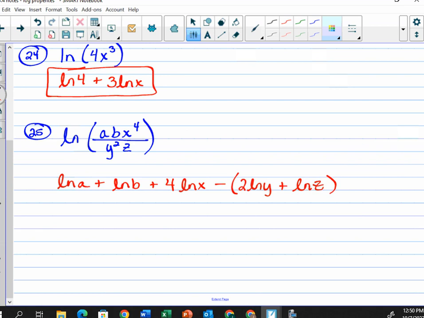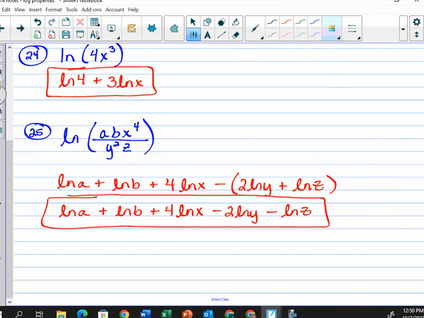The y squared and the z are multiplied together, but that is all in the denominator. So if you wrote it without parentheses, natural log of a plus natural log of b plus 4 natural log of x minus 2 natural log of y minus natural log of z. That is your answer. It is a big answer. That is expanded very largely. I would take either one, but I want to show you the negative part to help you.